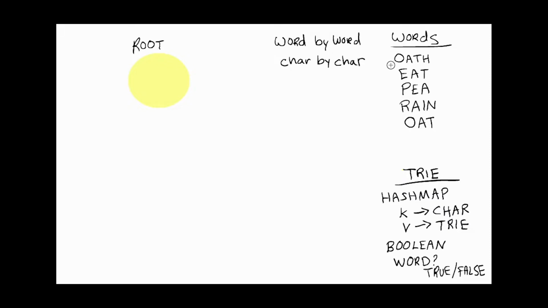So here's oath, and we'll say, does O exist in this trie? No, it doesn't. So we are going to make an O key. Then we are going to make its value be another trie here.